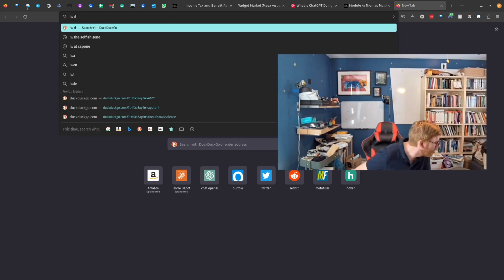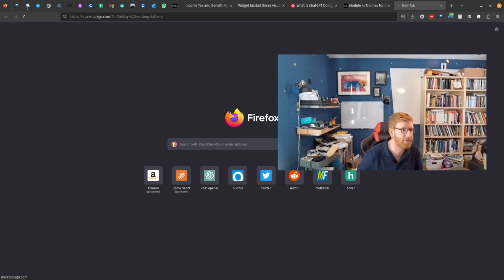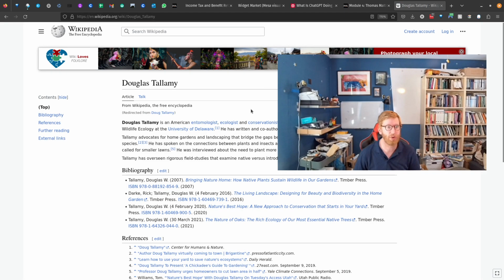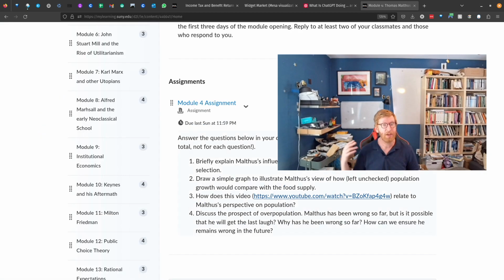I've got it here. Doug Tallamy. Very interesting ecologist who writes about using native plantings in your suburban gardens to try and support local ecosystems. Very interesting work. Definitely another set of books to read over the summer. Less directly applicable to you guys as econ majors, but certainly applicable to understanding evolution a little bit better.